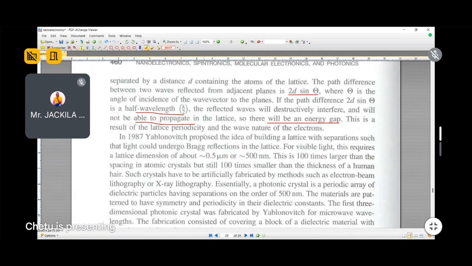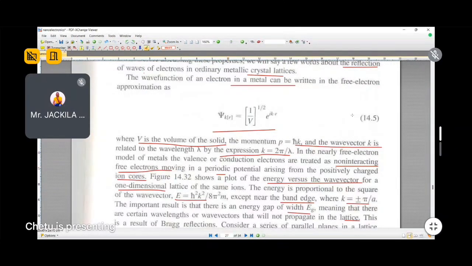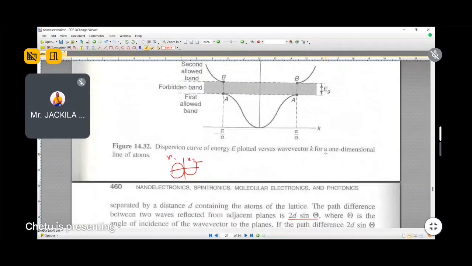This is the result of lattice periodicity and the wave nature of the electron. So by considering these things, Yablonovitch proposed the idea of building a lattice with separation such that light could undergo Bragg reflection. So this is the theory of the photonic crystal.